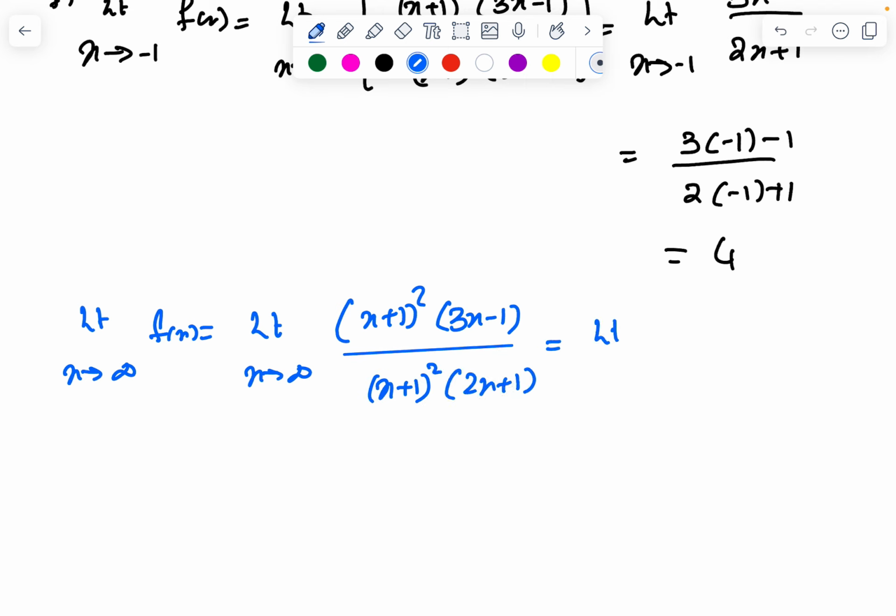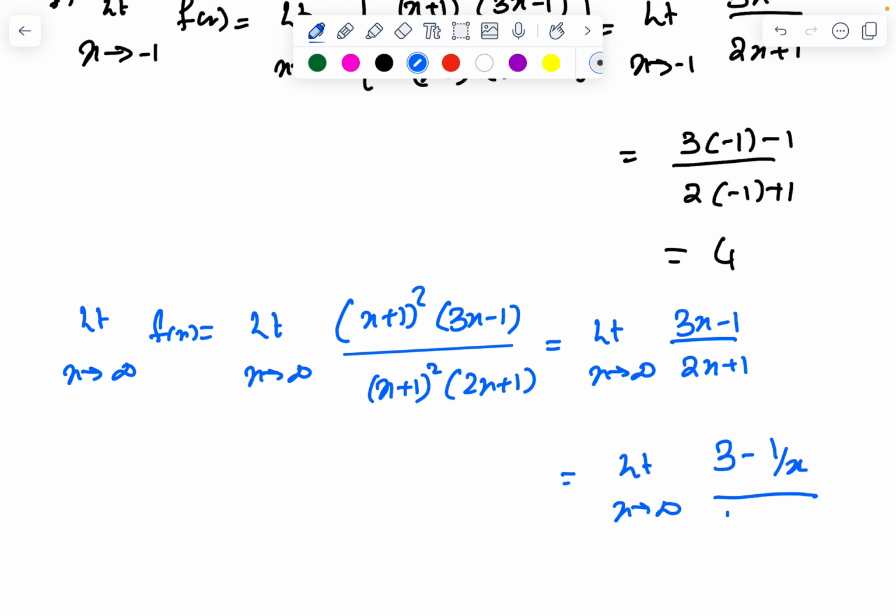So which is going to be limit x approaches infinity (3x minus 1) by (2x plus 1), which is going to be limit x approaches infinity (3 minus 1 upon x) divided by (2 plus 1 upon x). So we know that as x approaches infinity, 1 upon x approaches 0. So this will become 0, 0. So answer is going to be 3 upon 2.